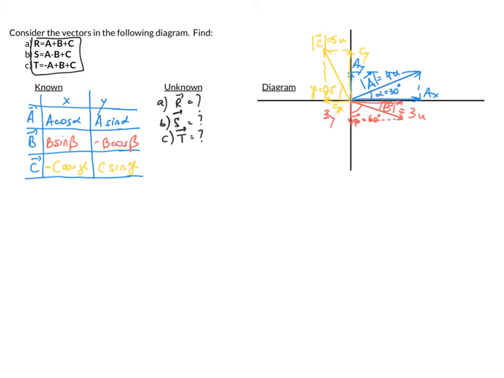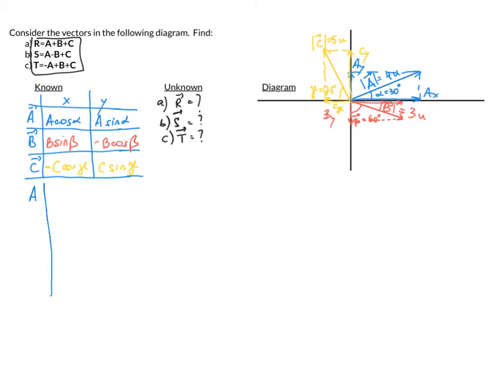So the next thing I'm going to have to do is find numerical values for ax, ay, bx, by, and cx, cy. So when I plug in numbers, I'm going to redraw this table here.